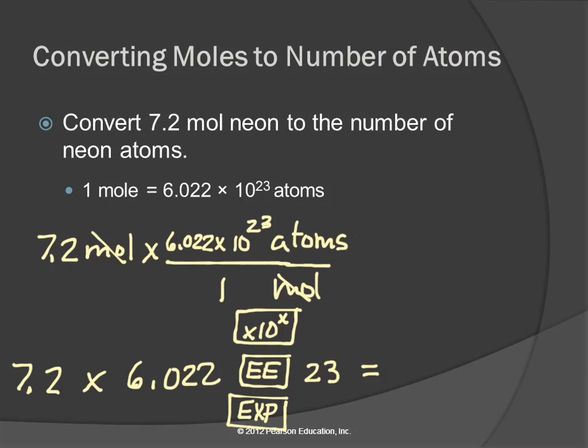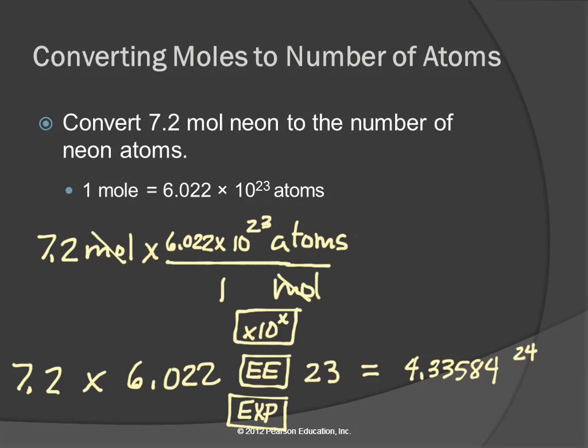So 7.2 times 6.022 EE 23 equals. And then the calculator, depending on which one you have, my calculator is showing me this. 433,584, and then it's got a little 24 up here. This is calculator language.